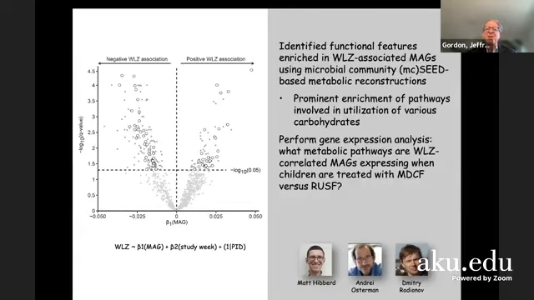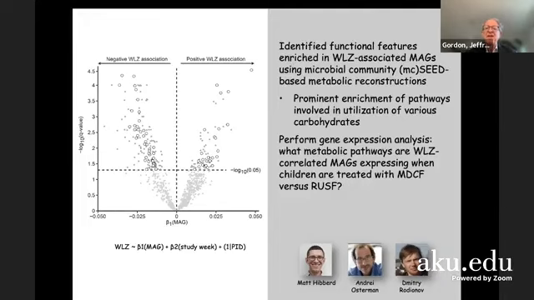We use an annotation platform that was developed by Andrei Osterman and his colleagues called Microbial Community SEED, and then looked for those MAGs whose abundances positively correlate with WLZ. From the 1,000, we identified 75, and then asked which metabolic functions were enriched in the genomes of these positively correlated MAGs, and they were principally pathways involved in the utilization of various carbohydrates.